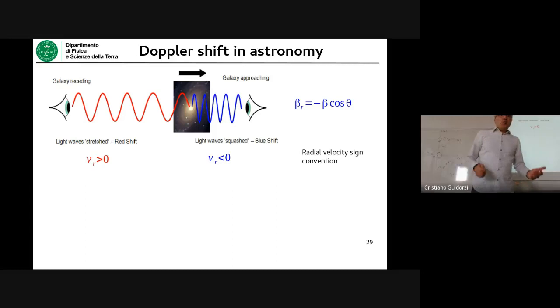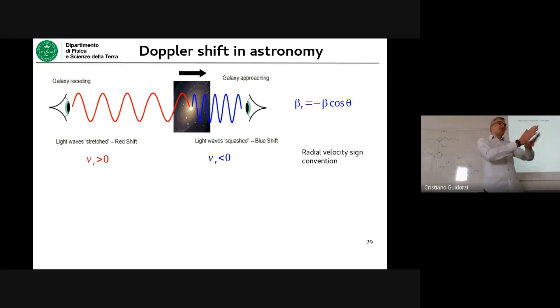And the convention is that whenever the source, for example a galaxy, is receding, so the projection of the velocity onto the line of sight, if you take as positive direction the one going outward, in that case you call the radial projection of the velocity positive. So positive is when it is receding from you. And in this case, you have a redshift because the radiation is shifted towards longer wavelength.